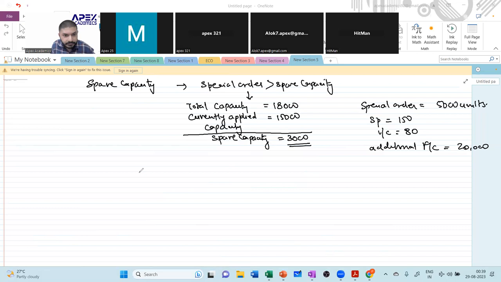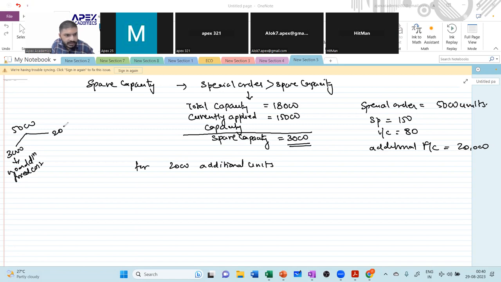Now, for 2,000 additional units. Why 2,000 additional units? Because 3,000 out of this 5,000 special order have no additional fixed cost, but these 2,000 have an additional fixed cost of 20,000.